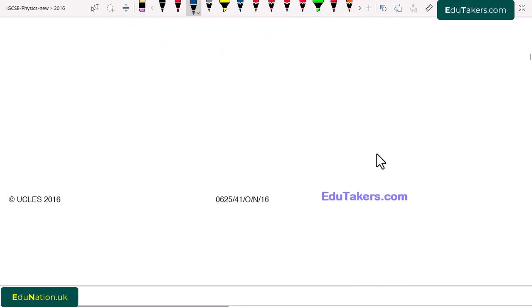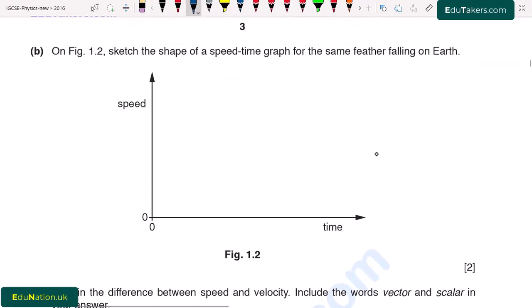Going towards the next part, part B. On figure 1.2, sketch the shape of the speed time graph for the same feather falling on the earth. Now this feather falls on the earth and we have to draw the speed time graph.